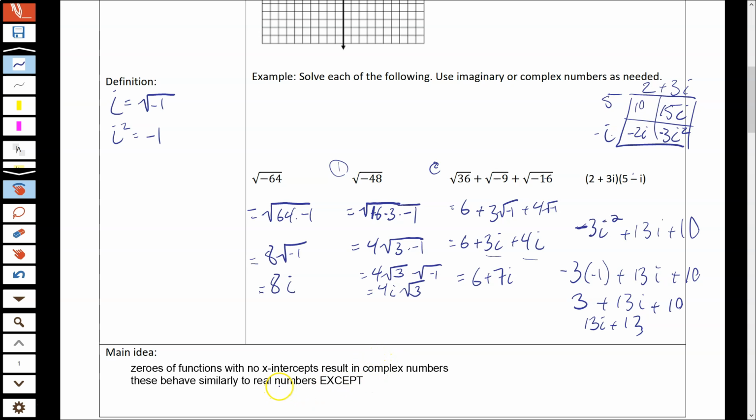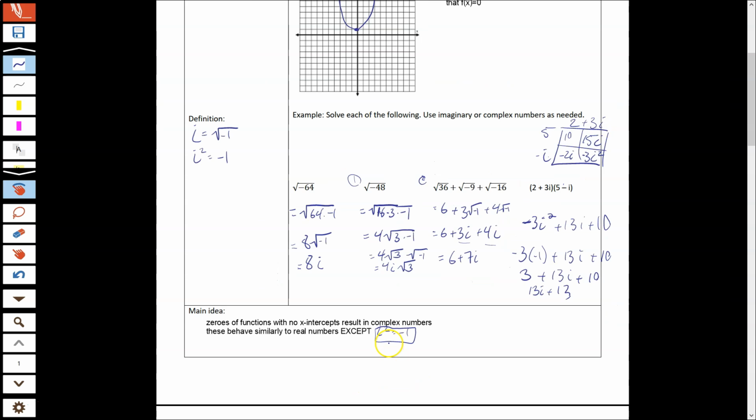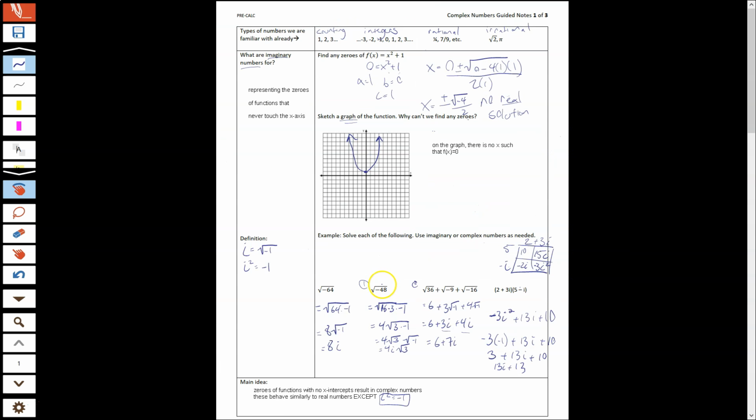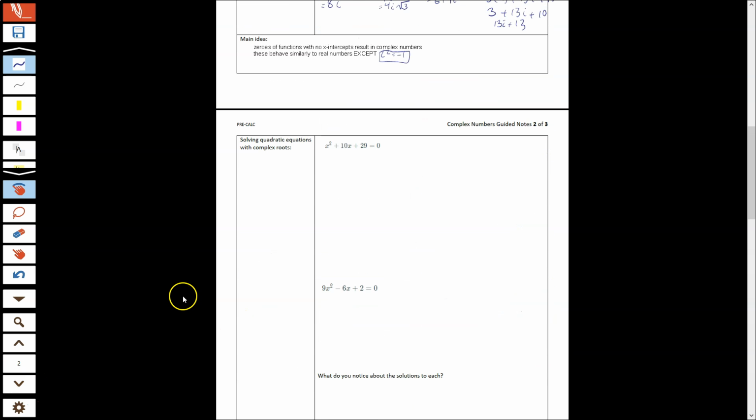And they behave similarly to real numbers, except that i squared equals negative 1. So that's the only number whose square is negative. Once you have the notes, we're going to tackle some examples of the quadratic formula with these negative square roots.